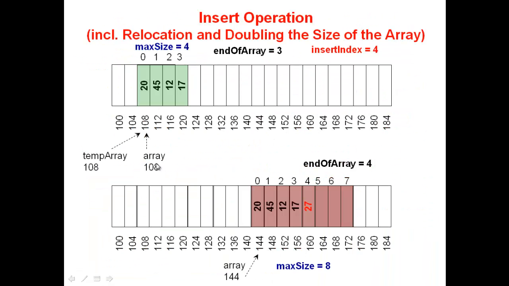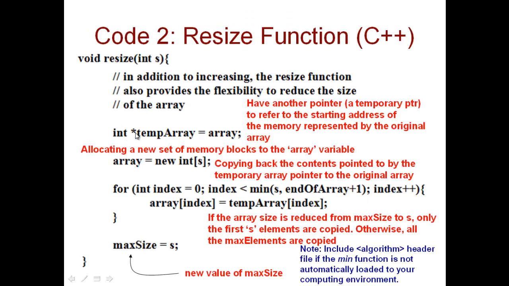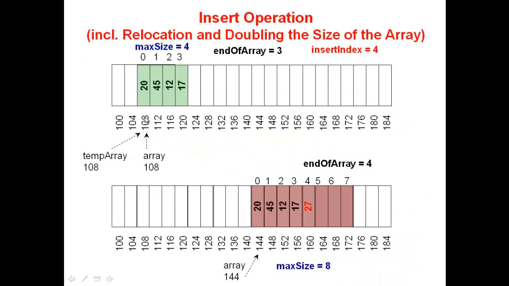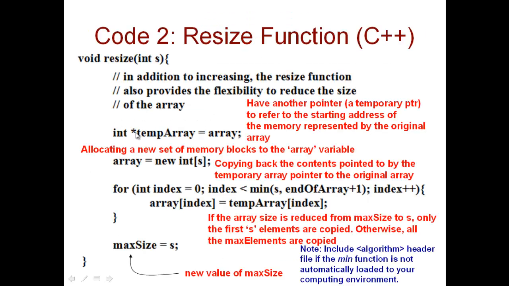So what we need to do now is create a temporary array pointer variable that also has this base address. I can do that by saying int star temp array equals array. So array is currently this 108, having this base address. That's a pointer variable, so temp array is also a pointer variable. I can assign the value of temp array to be the value of the array pointer variable.